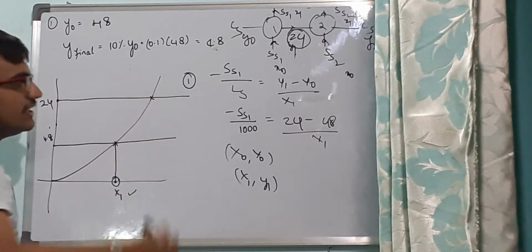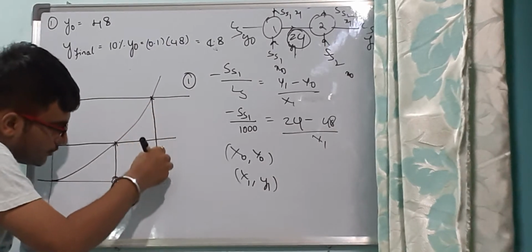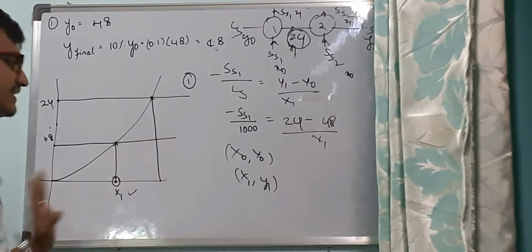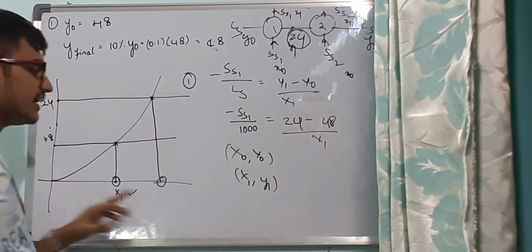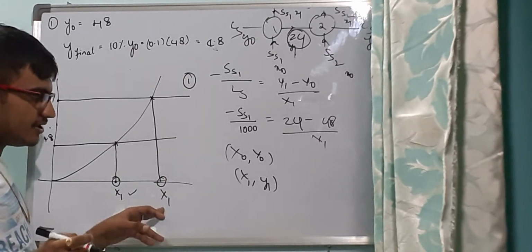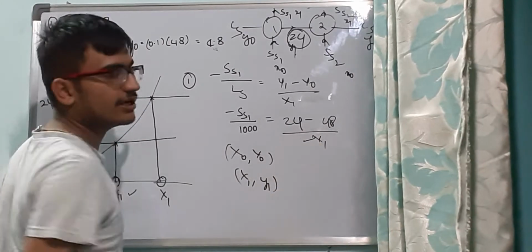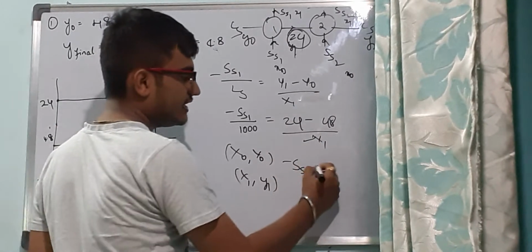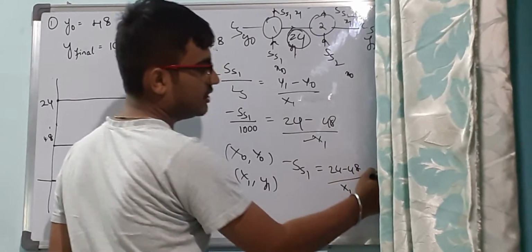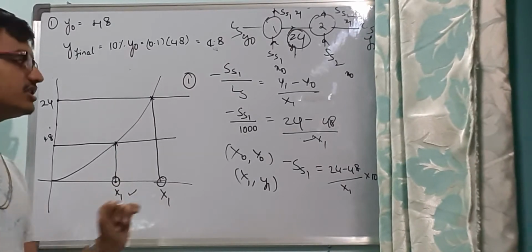It will cut the equilibrium curve at a certain point. Drop a straight line which cuts the X-axis. The point where it cuts the X-axis will be your X1 in this case. So you got your X1 value again. So minus SS1 is equal to 24 minus 48 by X1 into 1000, with the X1 value from the graph. Clear? This is for stage 1.